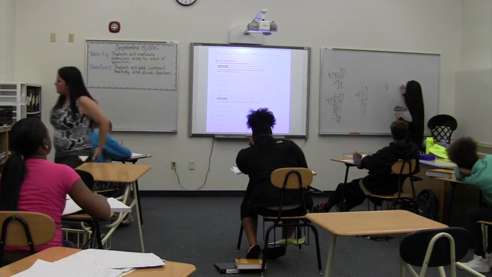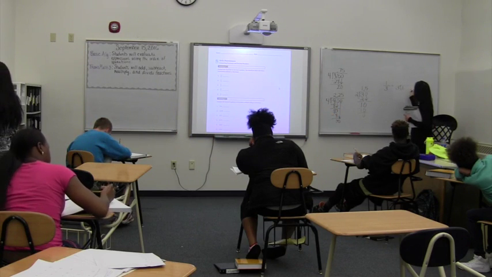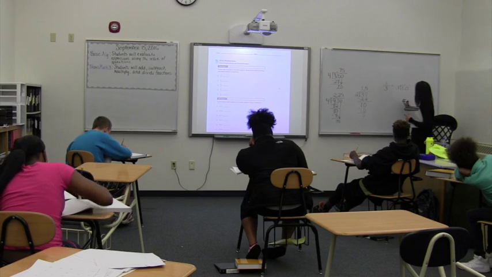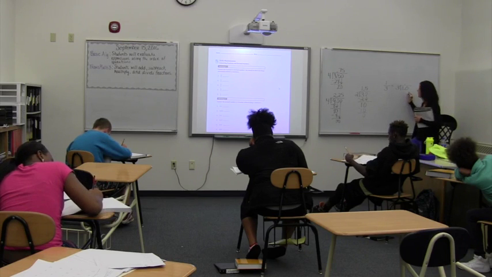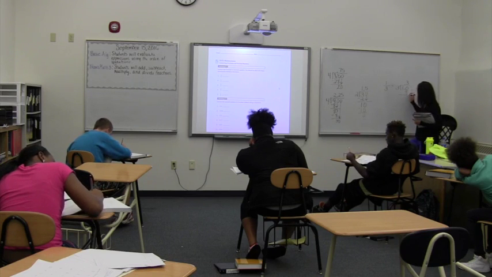Alright, what am I going to put on my outside number? 3. What goes underneath? How many times can 3 go into 10 without going over? 3. 9. 10 minus 9? 1.